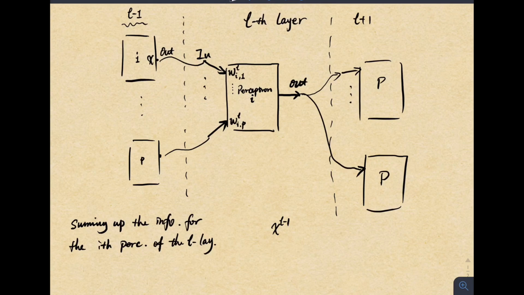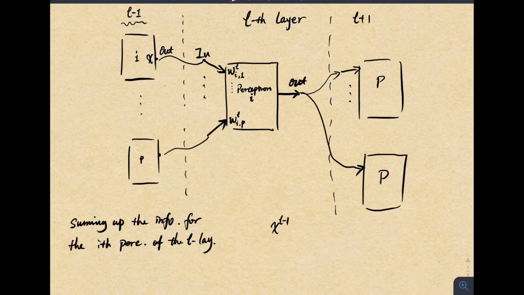Let's sum up the computation for the ith unit of the Lth layer, how it collects information from the previous layer. And this is the first perceptron of the previous layer that is associated with W of the Lth layer. Actually, you can write this W as how to connect the L-1th layer to the Lth layer, but that is not necessary.